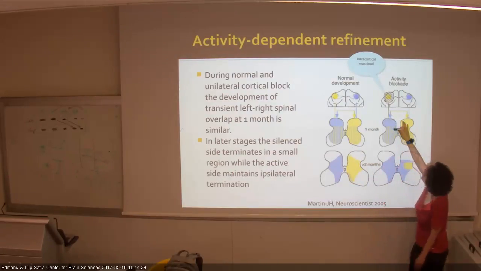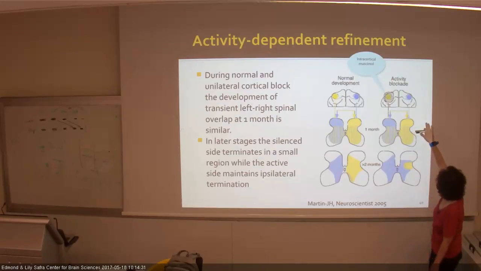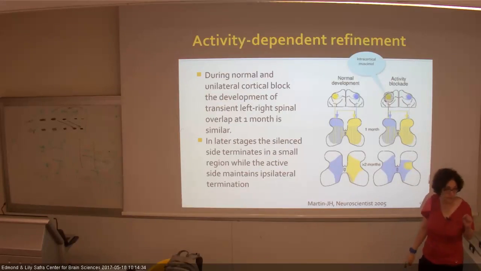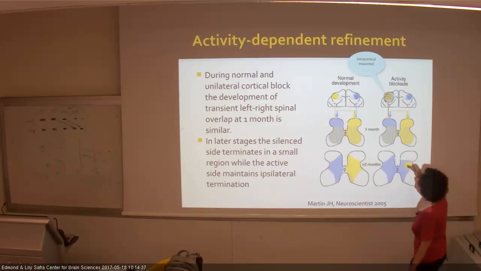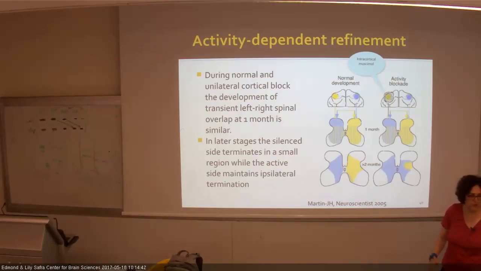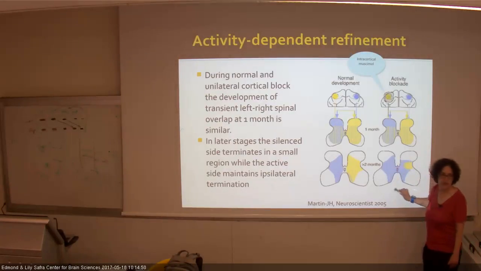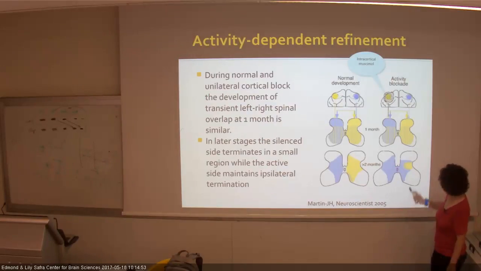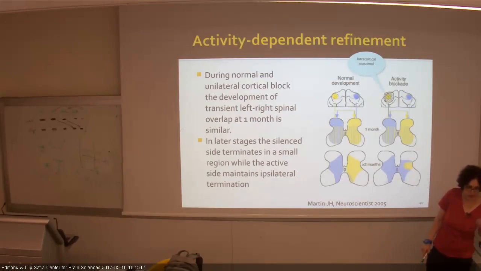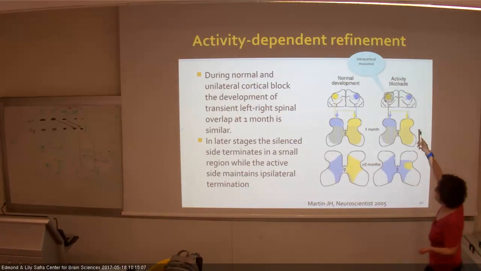However, when we block activity in the motor cortex on one side, you can see that at 1 month the development is fairly normal. Okay, so in the early stages, the actual development of the termination is normal. However, the refinement process is impaired in a way that the active hemisphere takes over the ipsilateral side that should normally be devoted to what is now inactive.